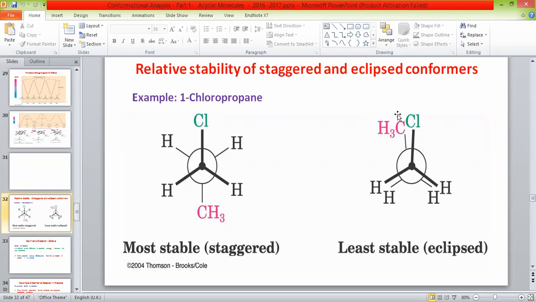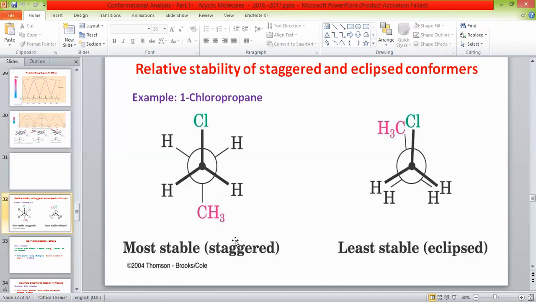Now, like I said, when you do the calculation, every time you will find that the conformer which has total eclipsing of the large groups is the highest in energy. The structure which gives them 100% separation is the least in energy.